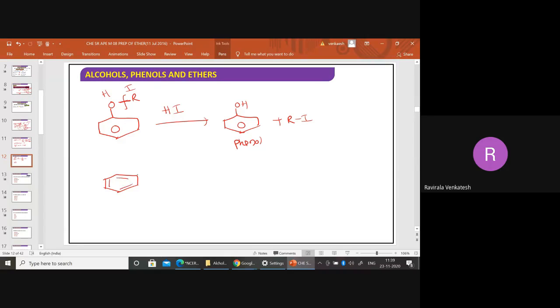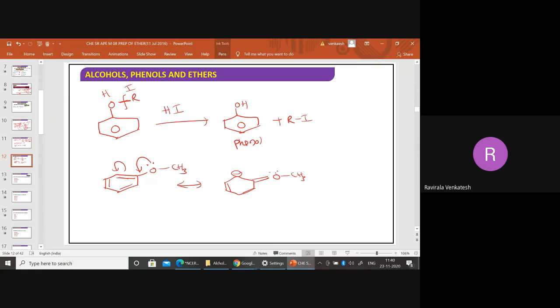If you write it like this, OCH3, the lone pair of oxygen and the pi bond are in resonance. They undergo resonance to give some double bond character like this. This bond will be shifted over here, and you get a negative charge here. Now we are getting a double bond character.